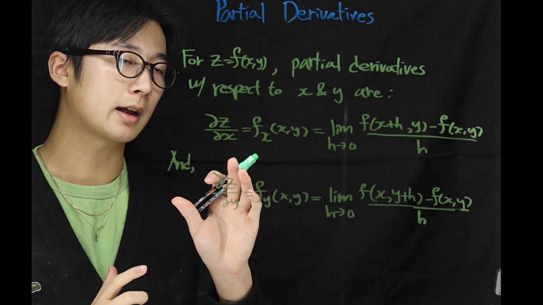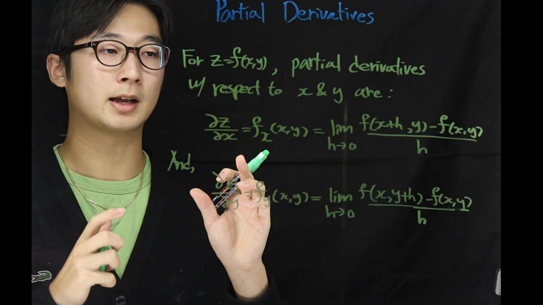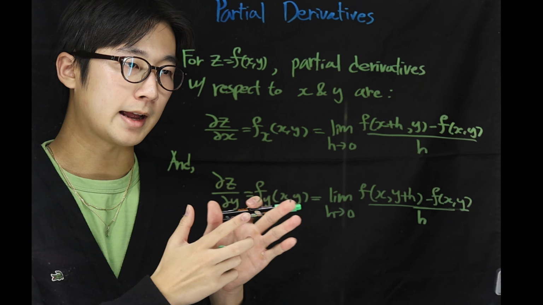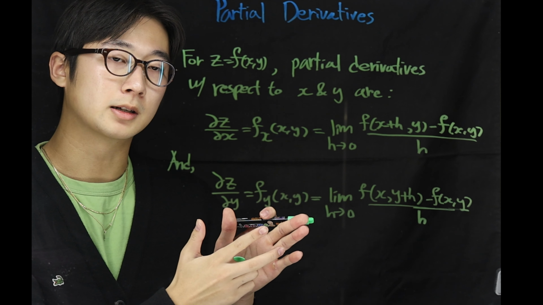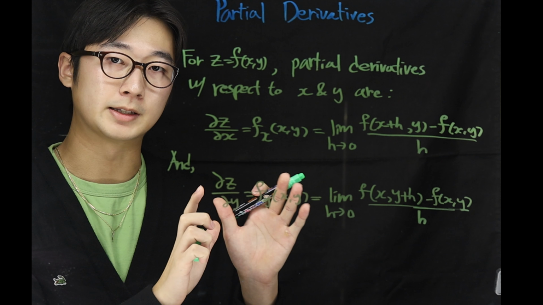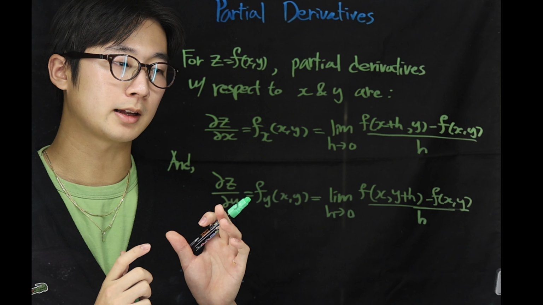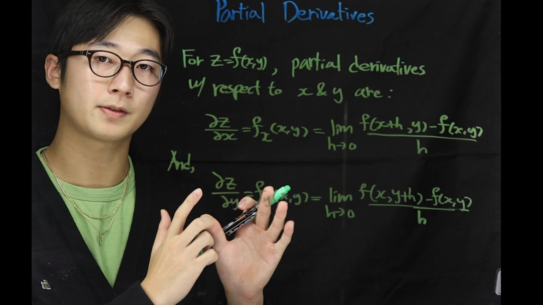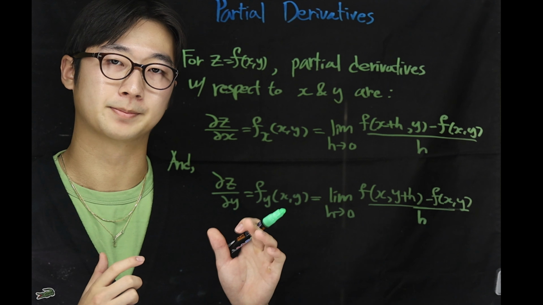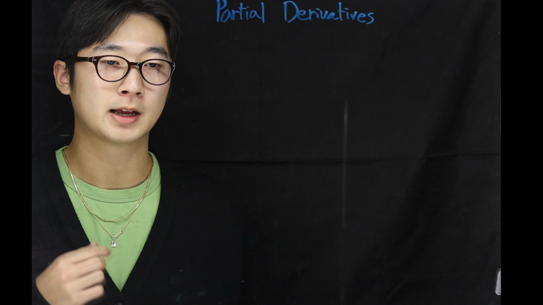So basically, the fundamental idea of finding derivatives is still exactly the same, but we are looking at a part of the surface. So geometrically, you can think of it like you slice the surface and look at a curve. That's it.